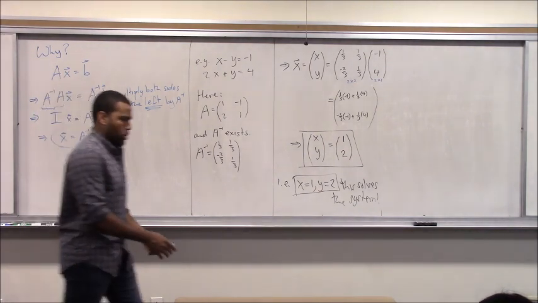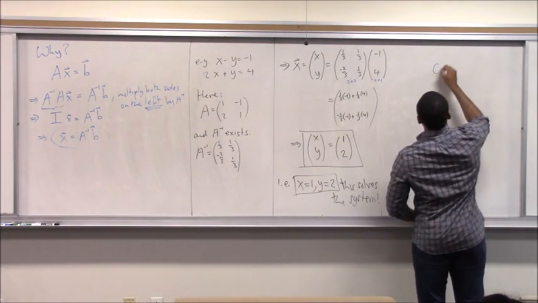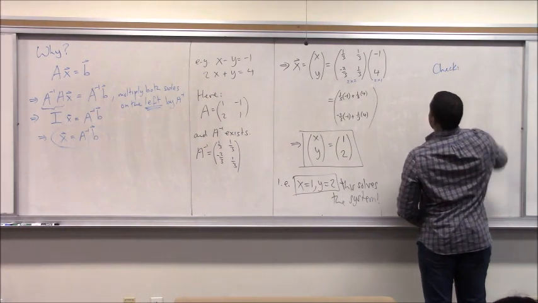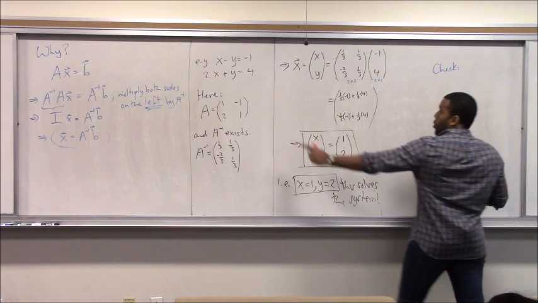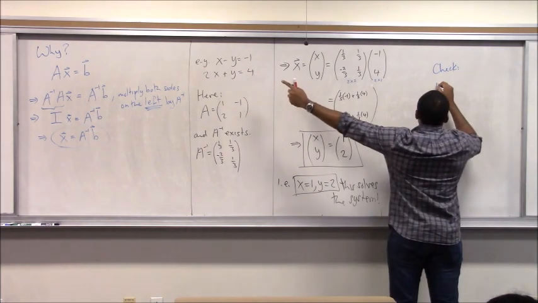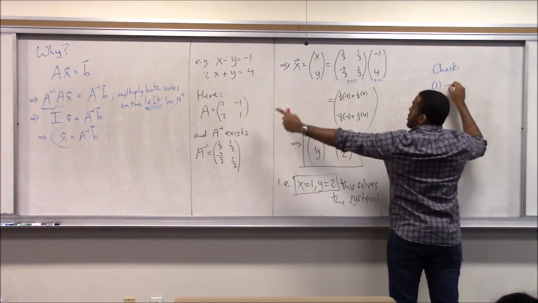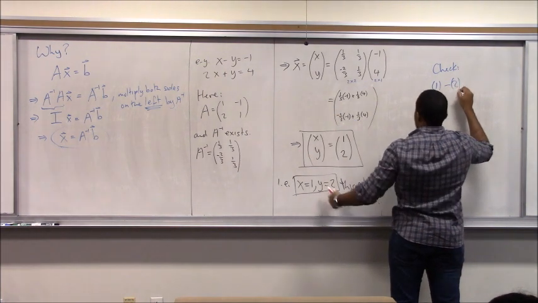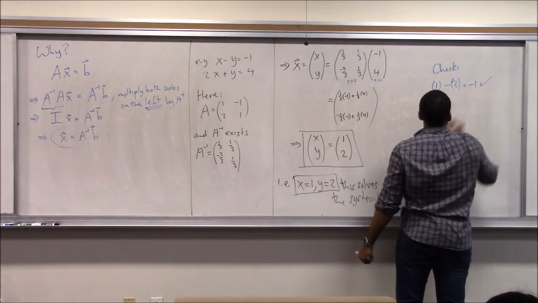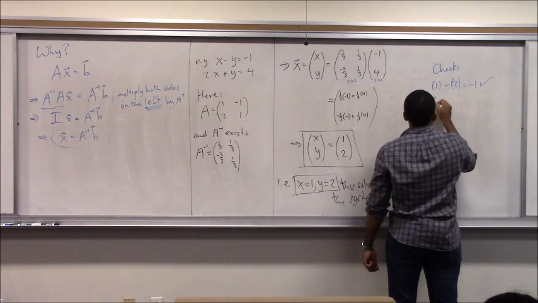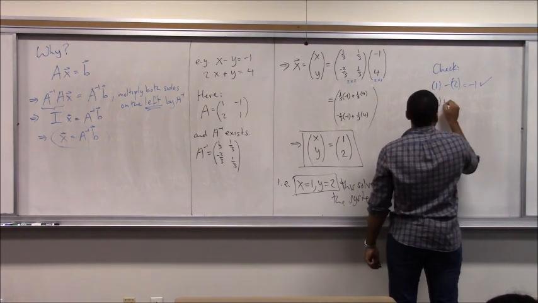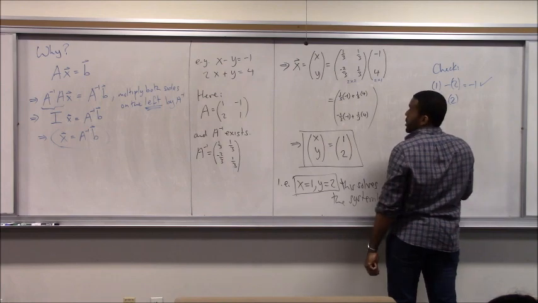Does that actually work? Let's check. If I plug in 1 for x and 2 for y, that gives me minus 1. What if I plug in 1 for x and 2 for y in the second equation?